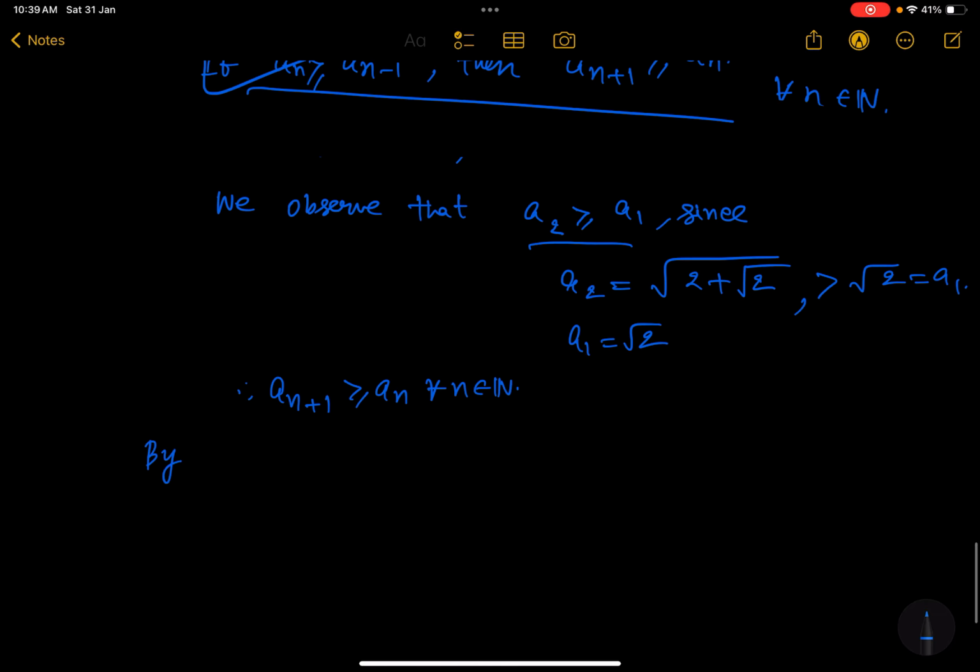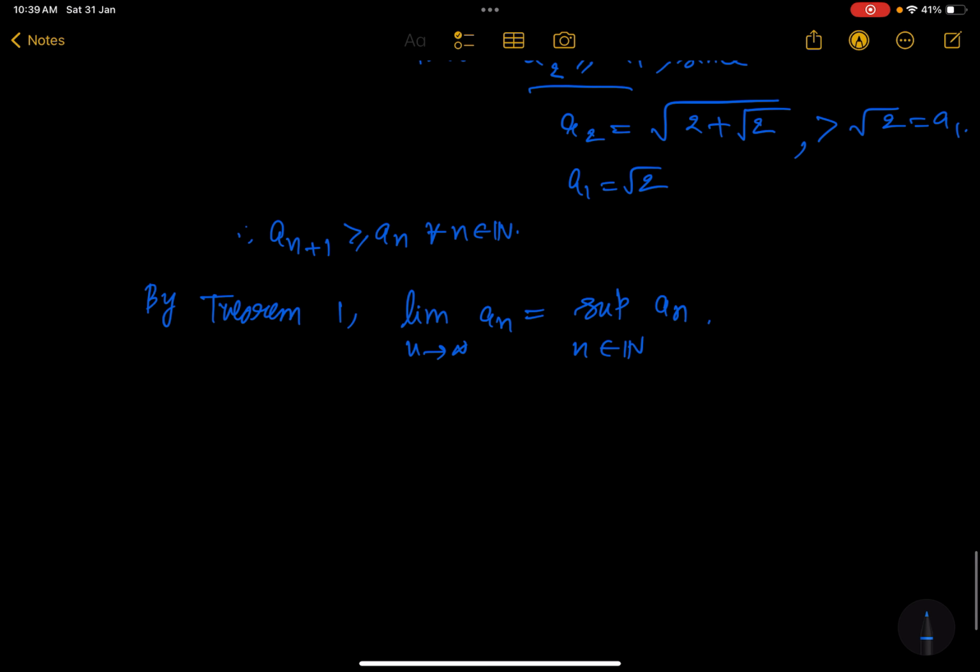So by theorem 1, the limit as n goes to infinity of a_n is equal to the supremum of a_n, n belonging to N, right? So let's say that is some L, and we have that a_n equals the square root of 2 plus a_{n-1}.